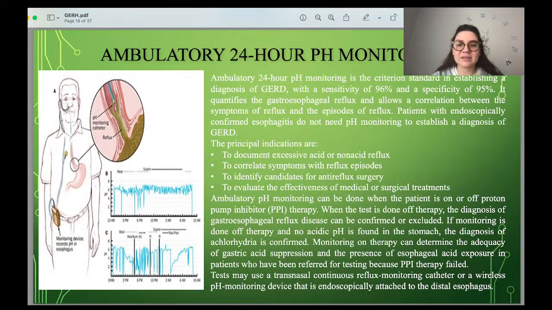Monitoring on therapy can determine the adequacy of gastric acid suppression and the presence of esophageal acid exposure in patients who have been referred for testing because PPI therapy failed. Tests may use a transnasal continuous reflux monitoring catheter or a wireless pH monitoring device that is endoscopically attached to the distal esophagus.